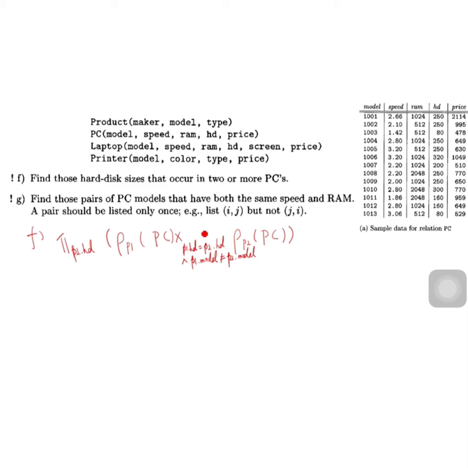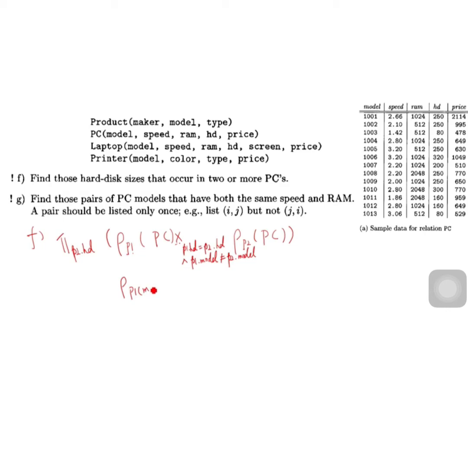And here, I use cross join and just rename the name of the PC relation. And we can also use natural join. If we use natural join, we'll rename the attributes.